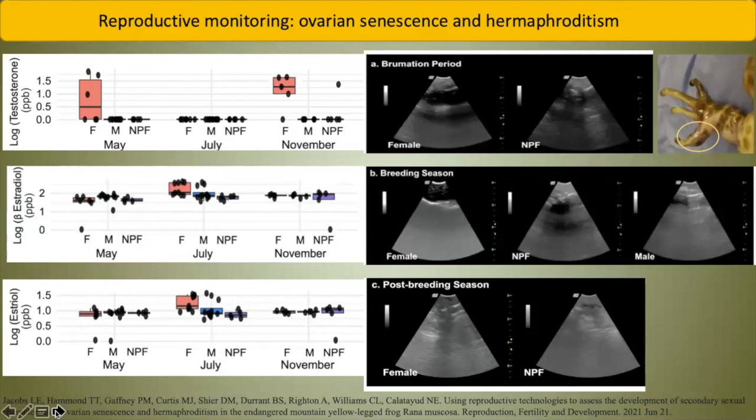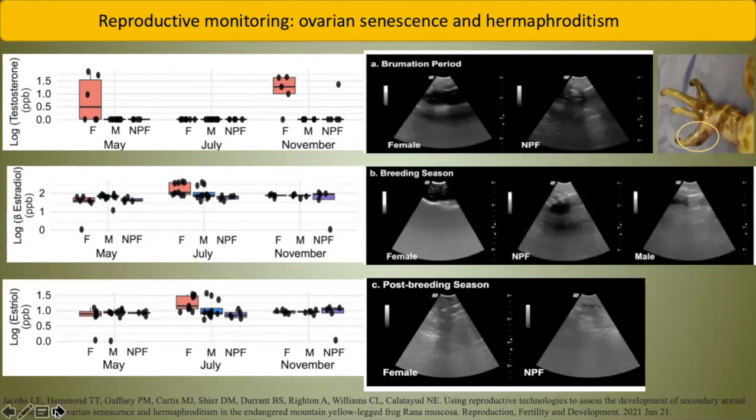And when we looked at the results from our mass spectrometry, we were able to observe that the females had very different levels of hormones across testosterone and a couple of the estrogens, which are the two main characteristic sex steroids that we picked to look at.